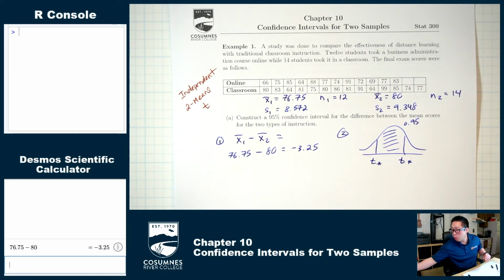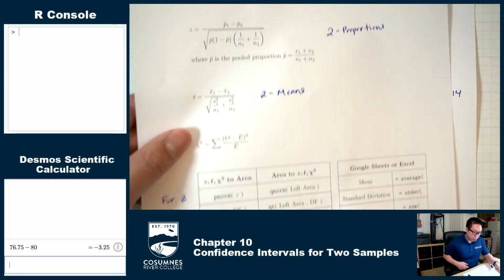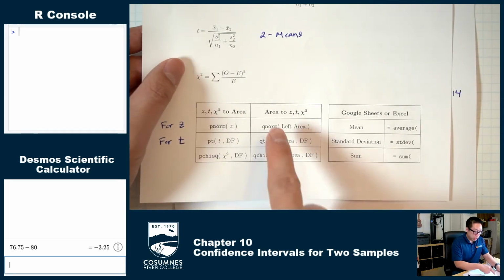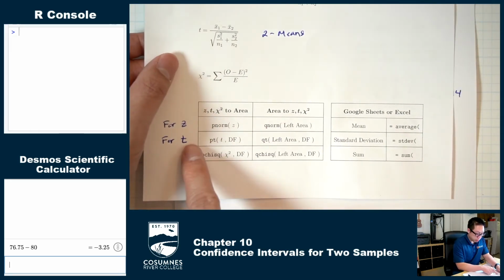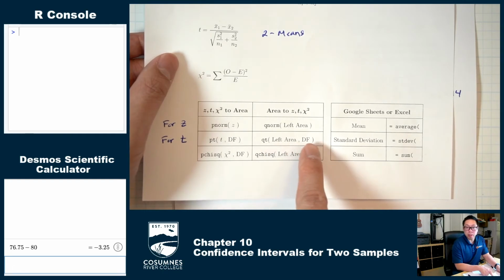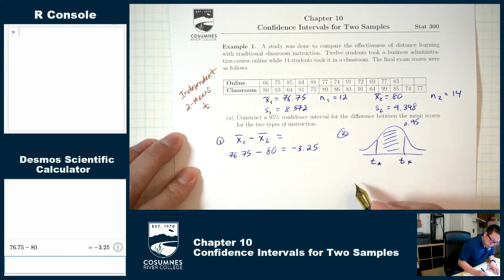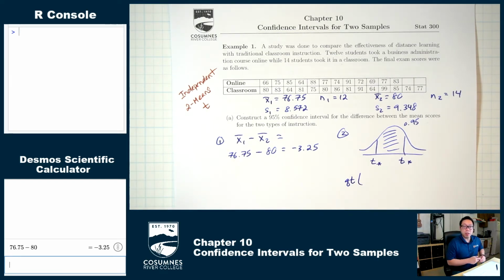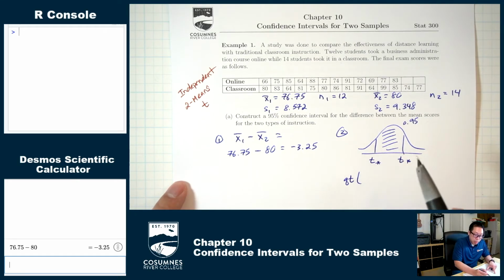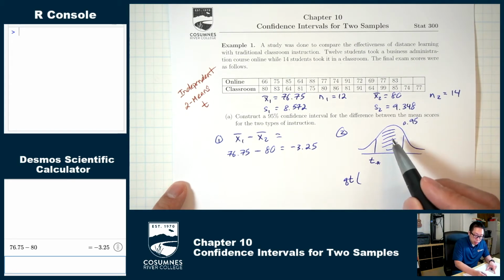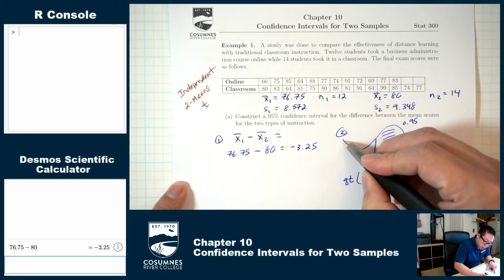For area to t questions, from the front page of our formula sheet, area to t, in the t situation, is going to be QT, left area, DF. All right, so we'll do QT. Left area, so the left area of this picture, which is this left unshaded area. 0.95 is the shaded area. I need to first do 1 minus 0.95.